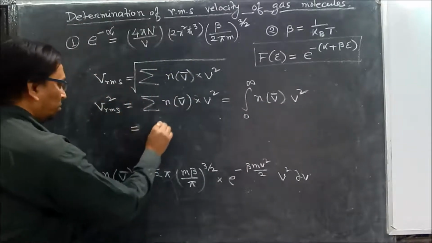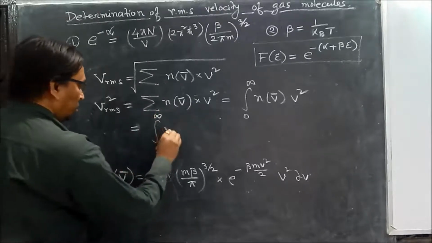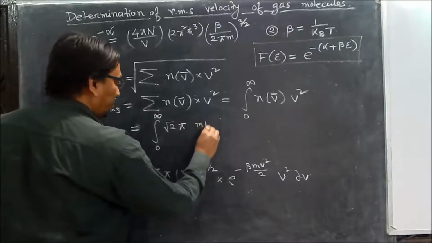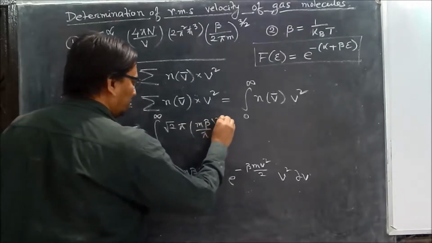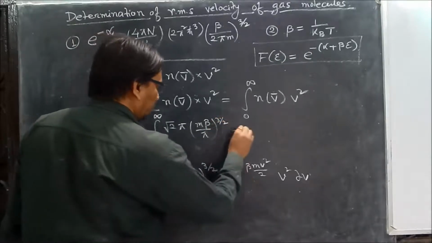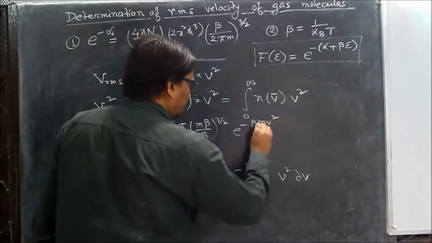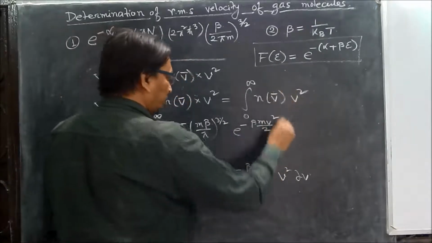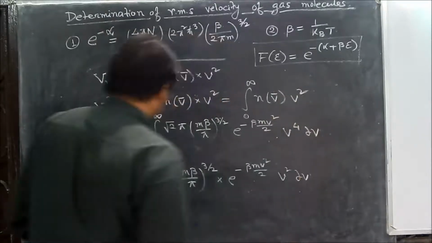So this is equal to the integration from 0 to infinity of root 2 pi, m beta by pi whole to the power 3 by 2, e to the power minus beta mv square by 2. Here v square, and we already have another v square, so this will be v to the power 4 and then del v.